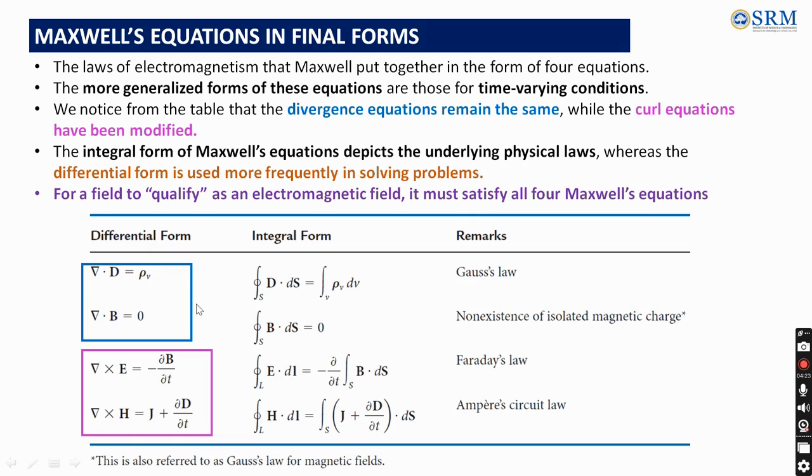We already know these two from the static case, but in the time varying case, instead of del cross E equal to 0, it is minus dou B by dou T because of Faraday's law. Similarly, del cross H is not only J; one more term is added, that is JD, dou D by dou T. This is based on Ampere circuit law. We know how to write it in integral form; we discussed it in the previous session.